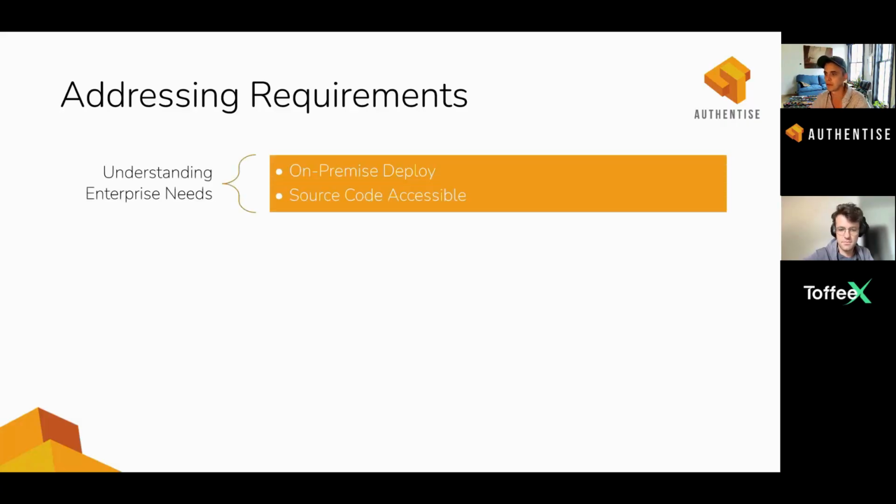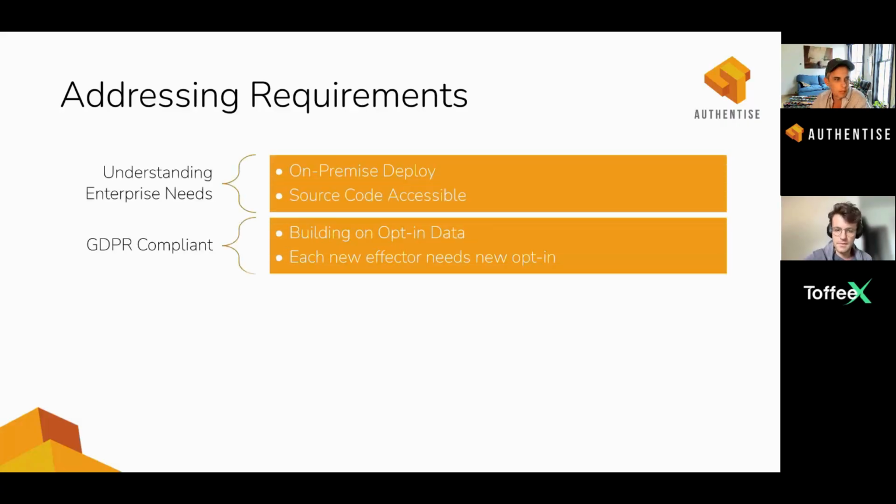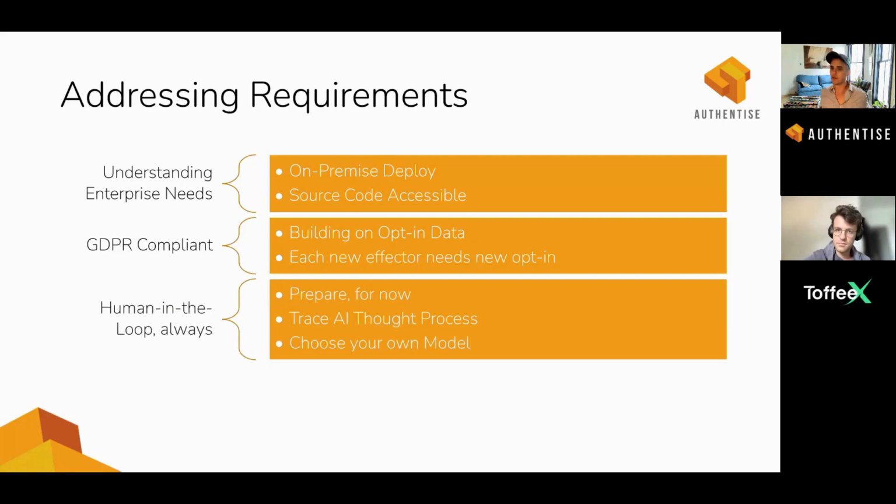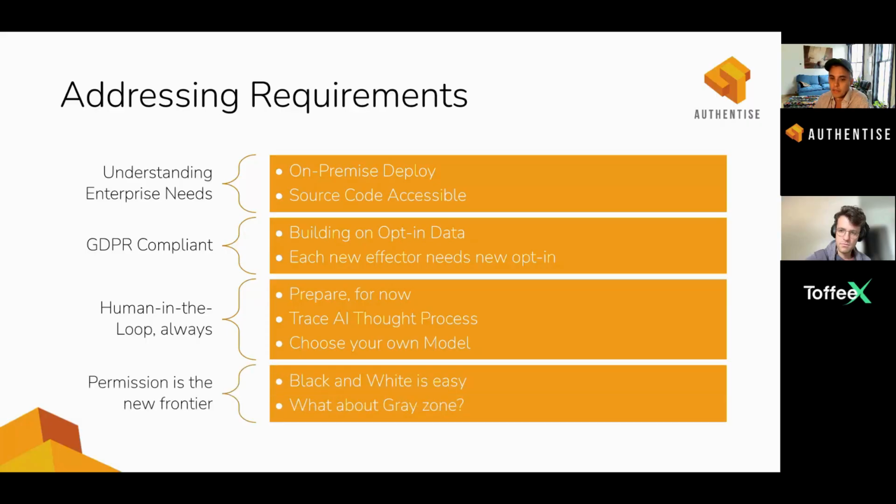So it's on premise, you can see the source code, and any GDPR compliance issues, or similar California requirements, are addressed in the way we build it. And for us, the human is always in the loop. That might change over time, depending on what the user wants to be in the loop for, but that's what's currently built in.